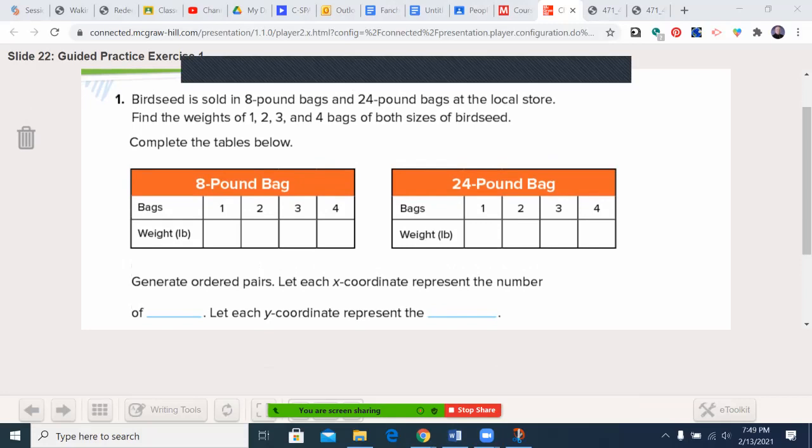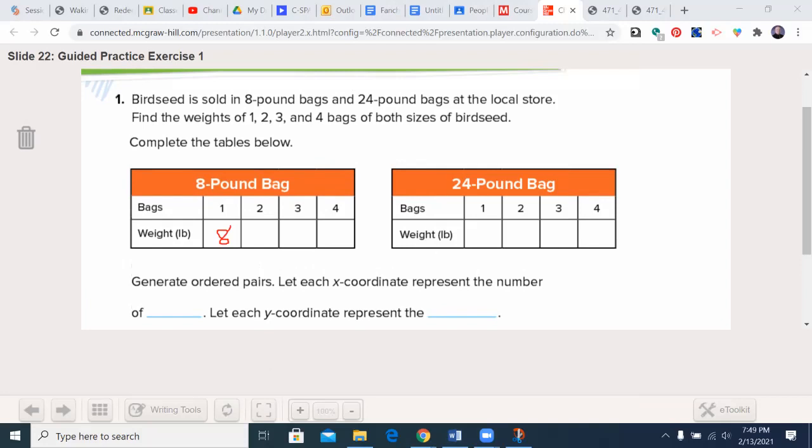So I'm going to start out. 1 bag is going to be 8 pounds. For 2 bags, you're just going to take the number of bags and multiply it by 8. So 2 times 8 is 16. 3 times 8 is 24. 4 times 8 is 32.